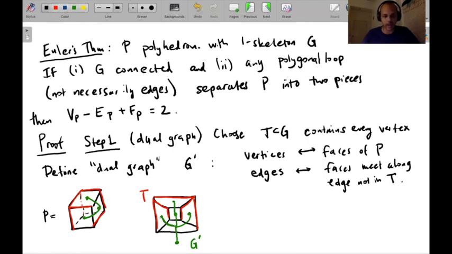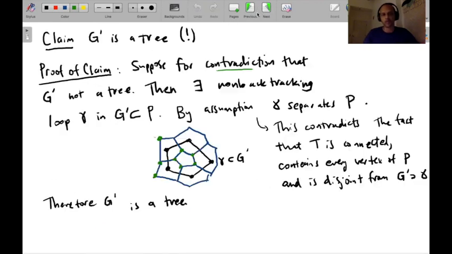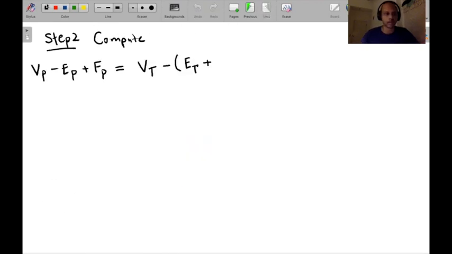So each edge of the polyhedron P is either in the maximal tree T, or it meets the dual tree G prime. Okay, so then the total number of edges is this sum.